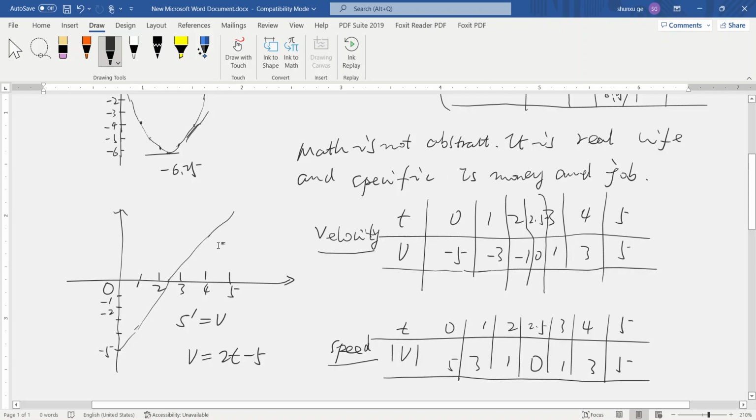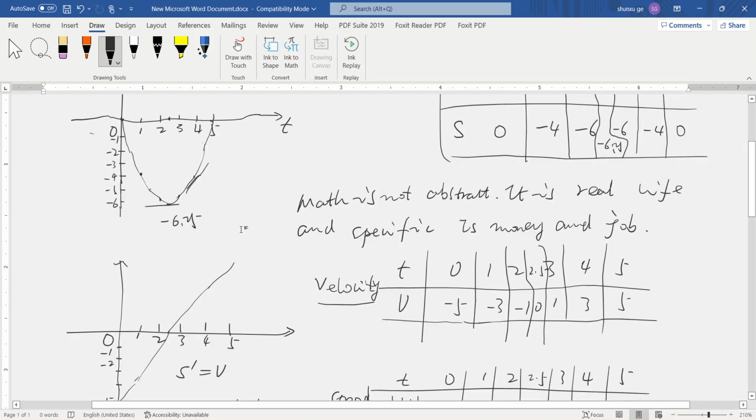So how to create this? Here we take a tangent from everywhere. For example, we take a tangent at a point when t equals 2.5, s equals negative 6.25. We take a tangent here, and we get 0.